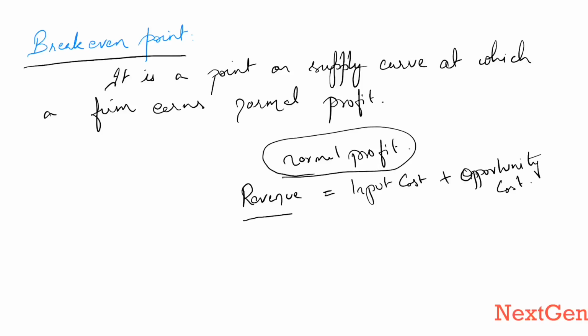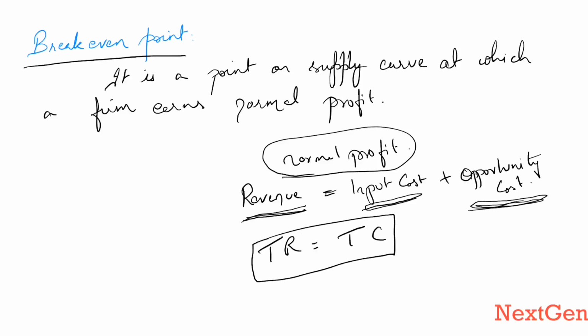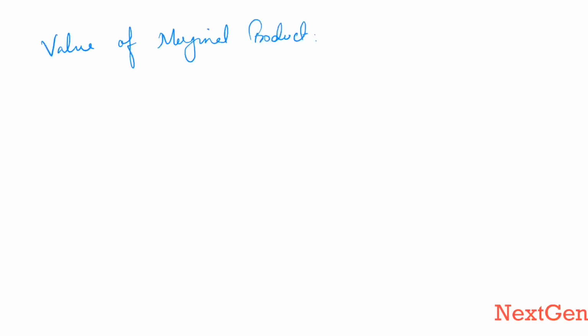In normal profit, the revenue that we get is equal to the input cost of raw materials used and the opportunity cost of the capital used. That is, total revenue equals total cost. We do not get any extra profit, but just sufficient profit to keep the business in running condition at prevailing market prices. That is normal profit.